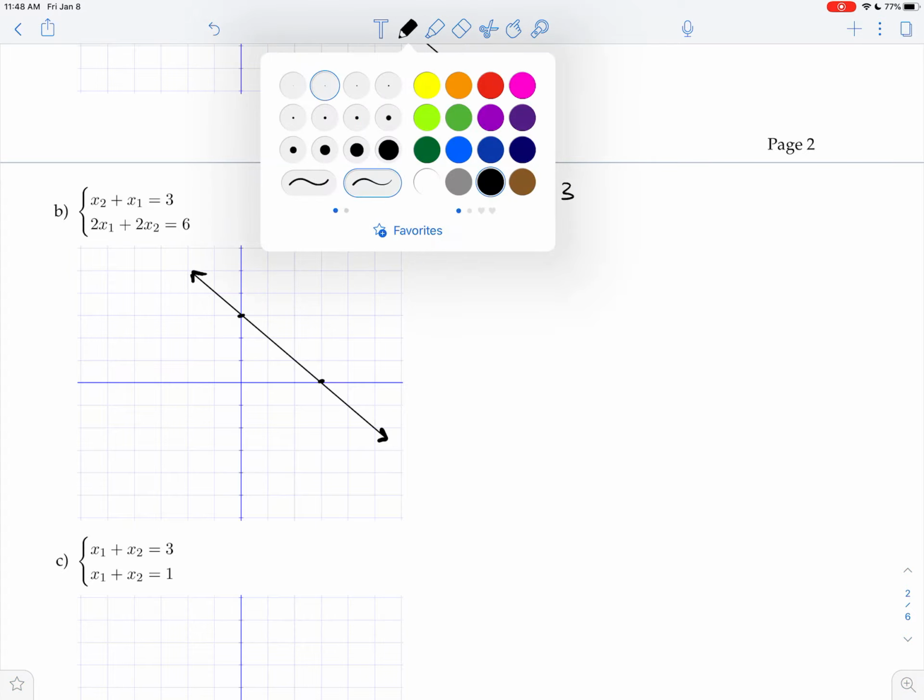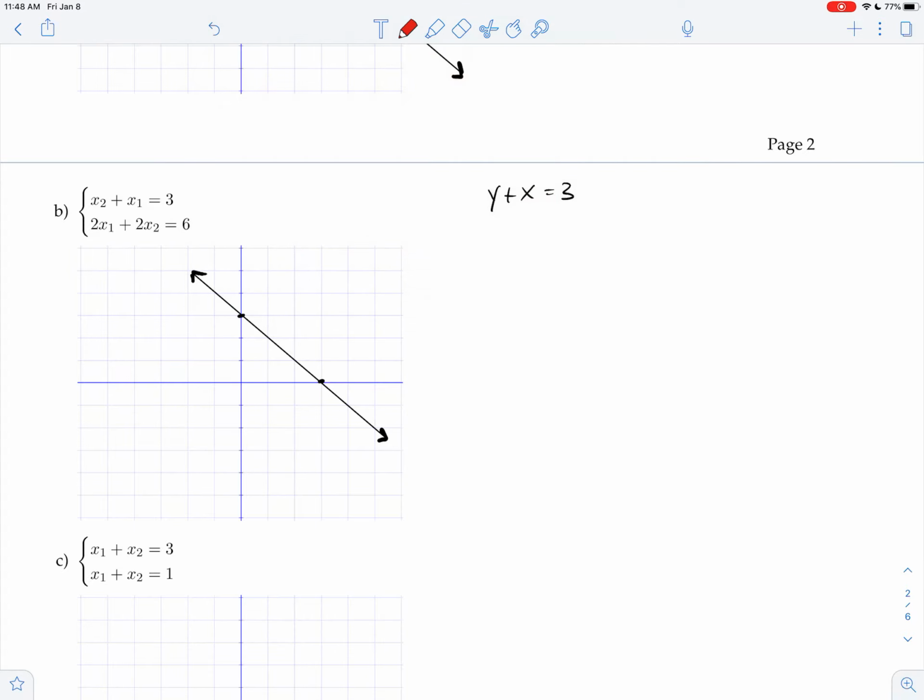Now when we go to graph the second one, let's maybe do red. We say, okay, the second equation is 2x plus 2y equals 6. Well, when you simplify, you're back to x plus y equals 3, which is the same line. And so those are two different equations. And when I graph both equations, I realize that these are the same line. And so they intersect at infinitely many points.